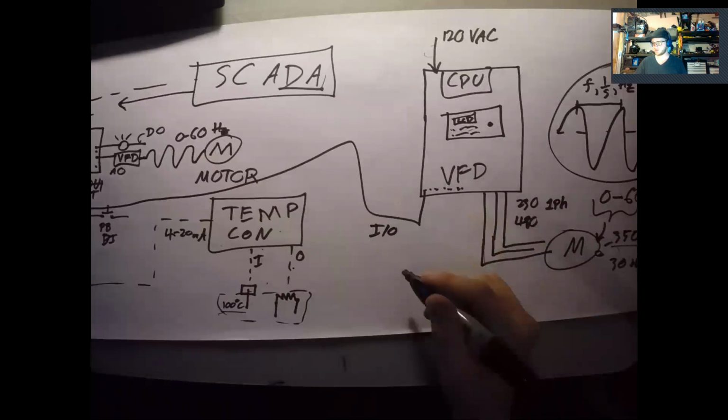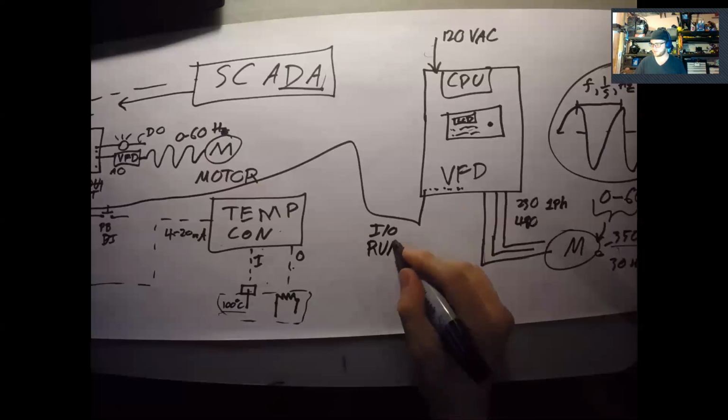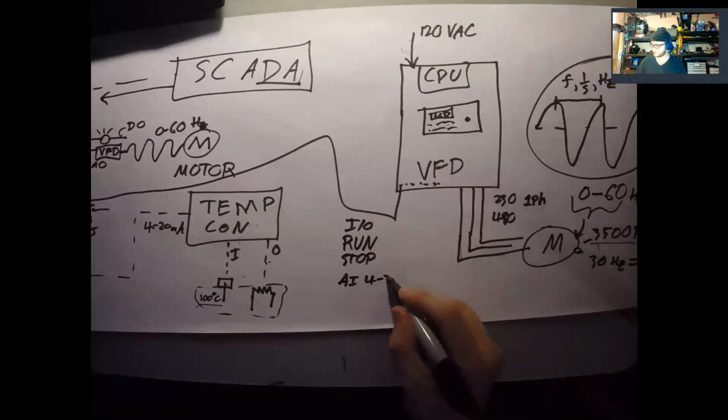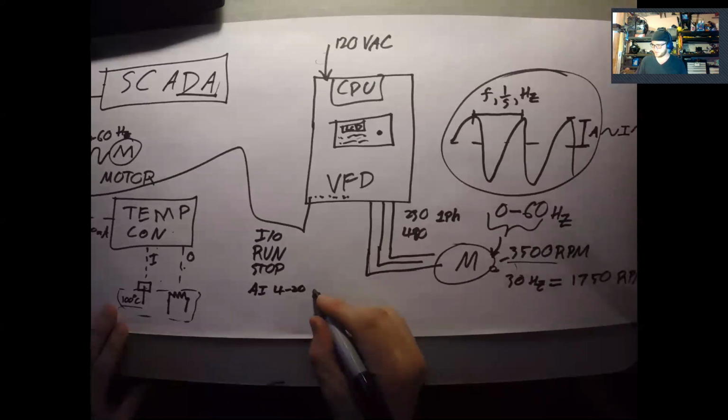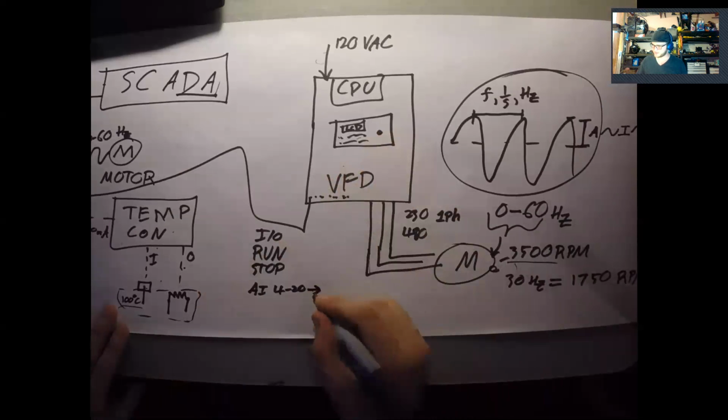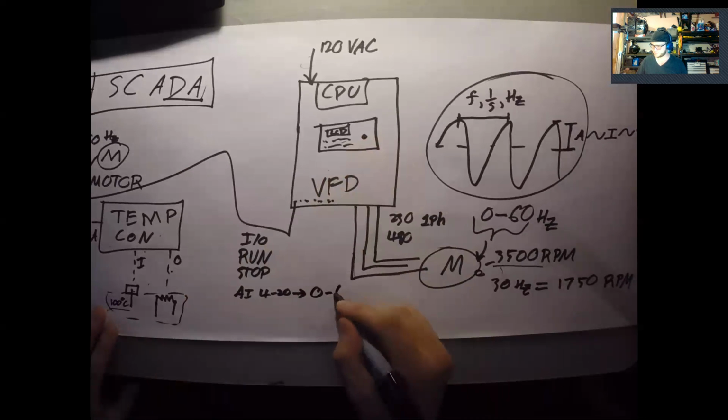So that could be like a run command, a stop command, and then an analog input that's again 4 to 20. That's an input to the VFD, which the VFD then converts into your 0 to 60.